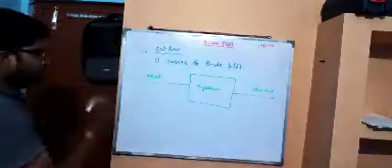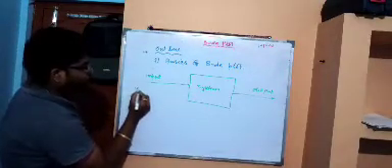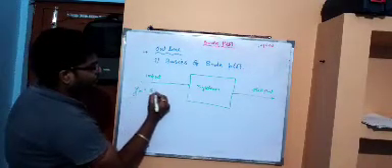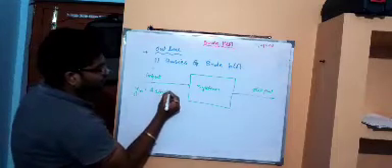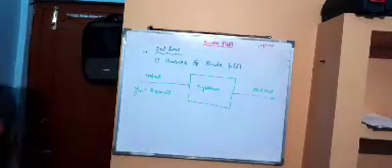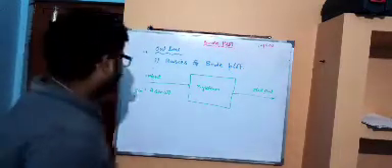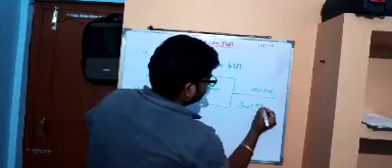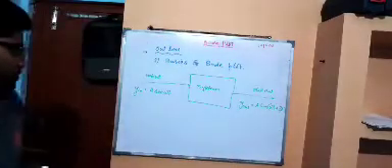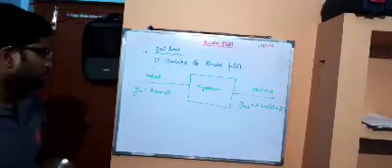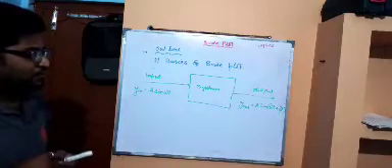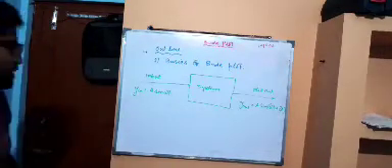Now we are considering y in, that is the input, equal to A sine omega t. With respect to this input, the output of the system will be y out equal to A sine omega t plus phi.